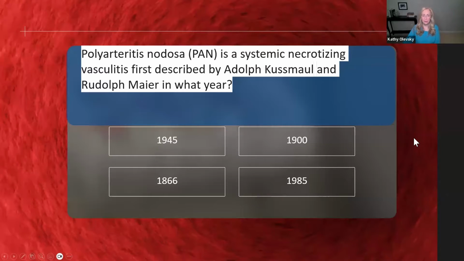Polyarteritis nodosa, PAN, is a systemic necrotizing vasculitis first described by Adolf Kussmaul and Rudolf Meyer in what year? And the answer is 1866.